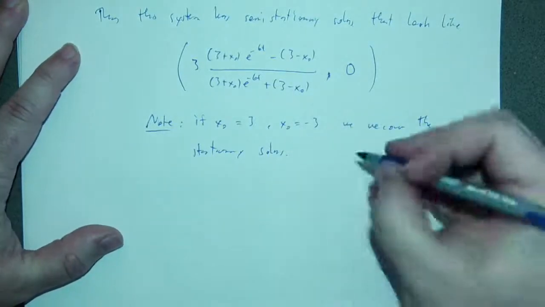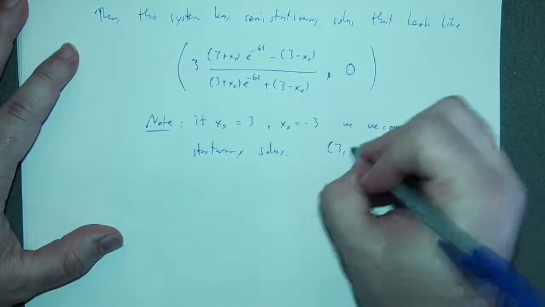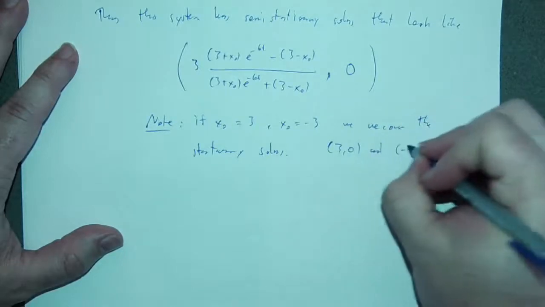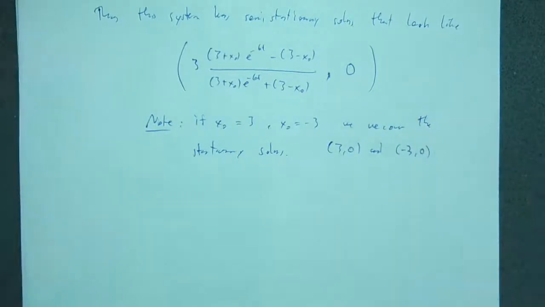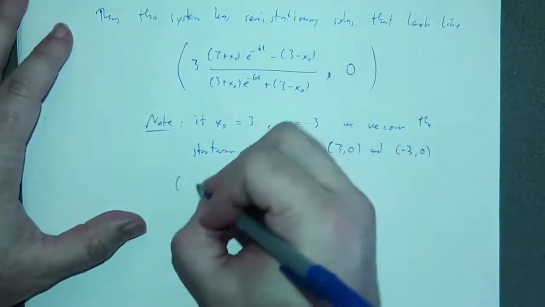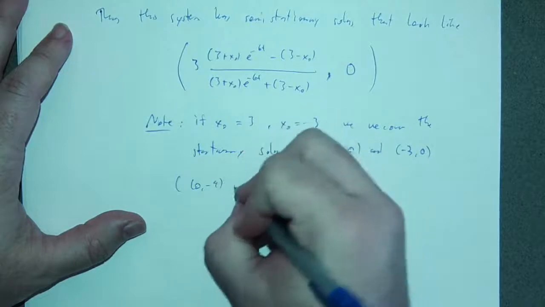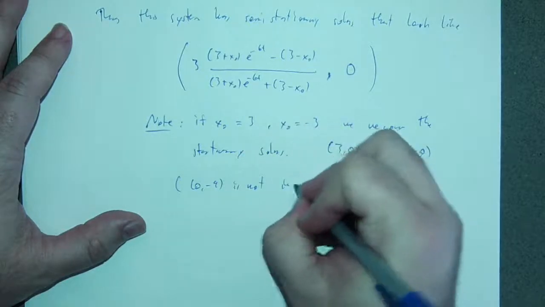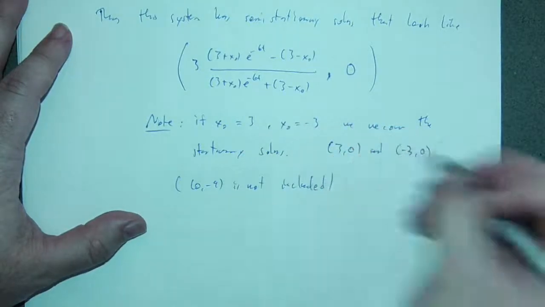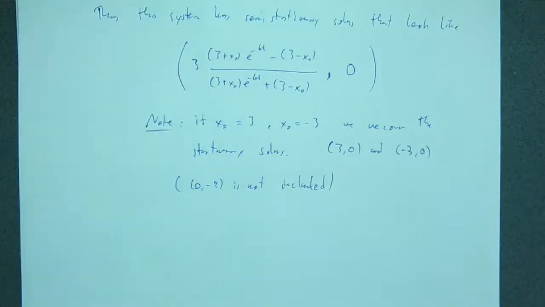Minus 3, 0, and 3, 0. So 3, 0, and minus 3, 0. But one of the stationary points is not included. So 0 minus 9 is not included in these semi-stationary solutions.